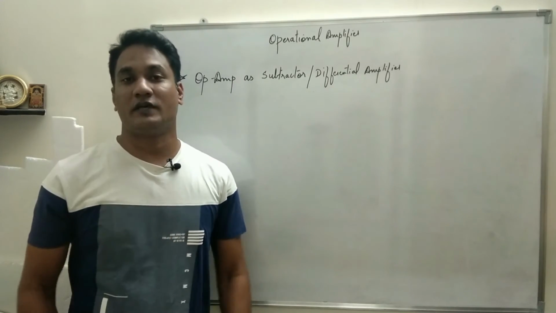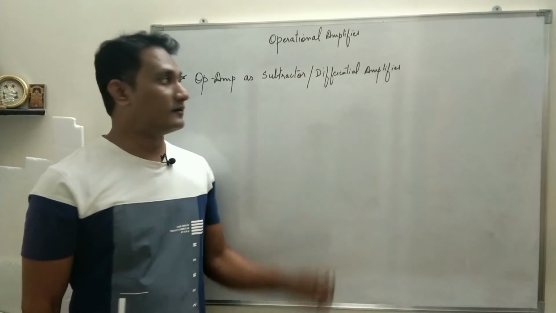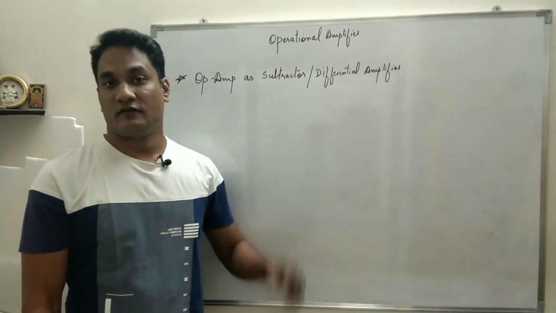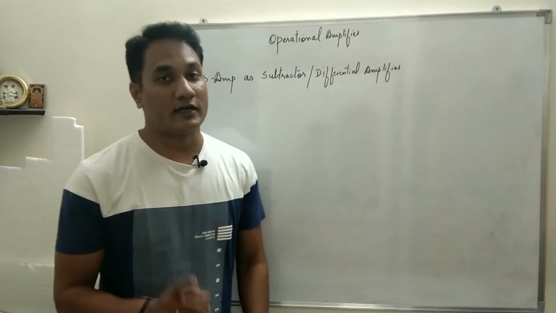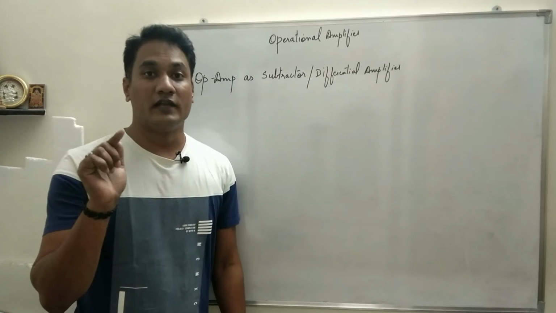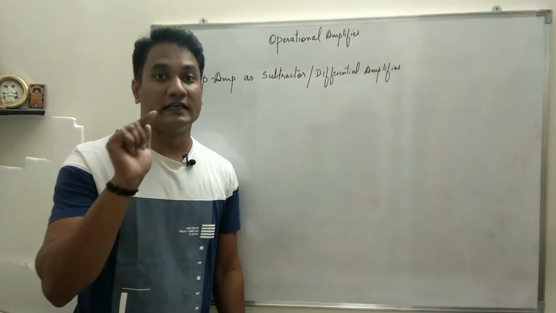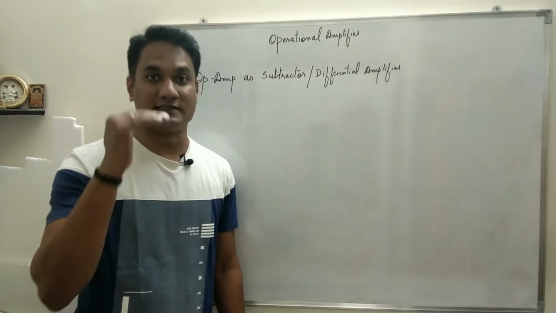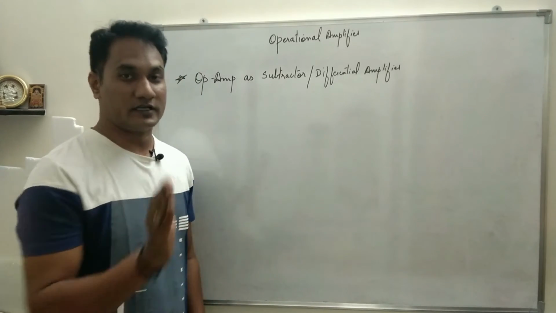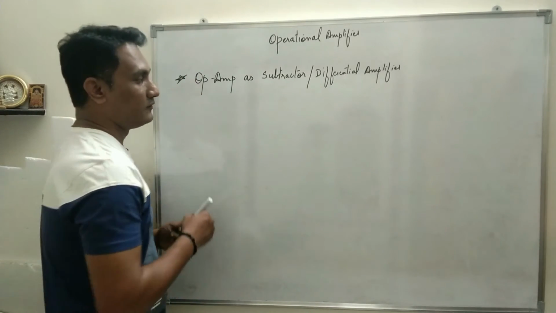So that is what we are going to use as an application for op amp as subtractor. So we will have two inputs given to two different terminals, inverting and non-inverting. So this is the only example where we will do that.